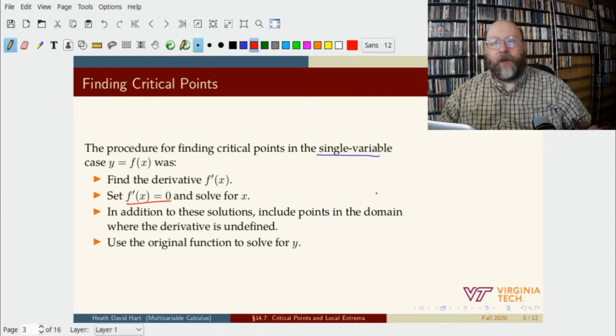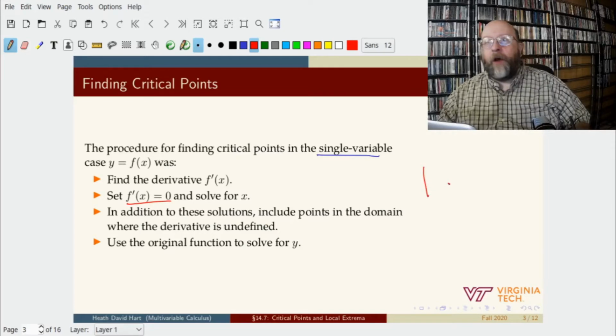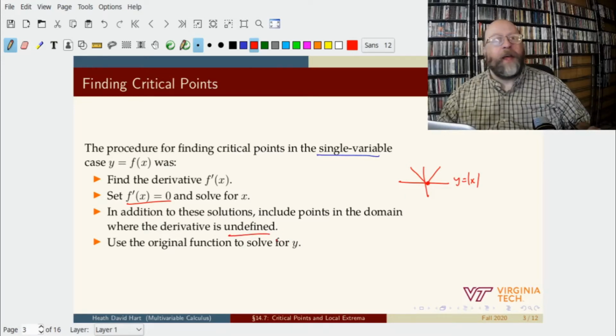We could have a critical point, say, at a corner on a graph, like on an absolute value function. The derivative was undefined there, so we also had to check for places where the derivative was undefined. Once we had the x coordinates where the critical points were, if we needed to know what the y coordinate was, we had to go back to the original function to solve for y.